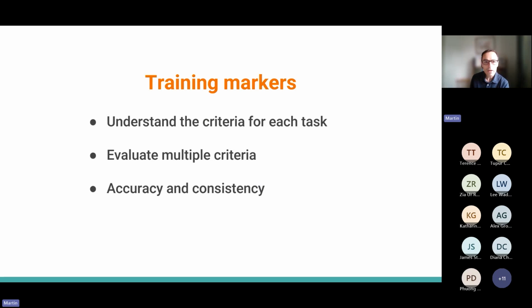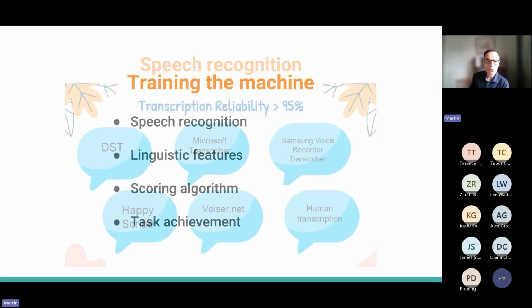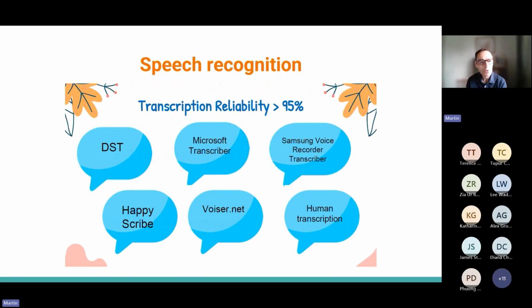So how then do we go about training a machine to do all of that? On screen, I put 4 areas that I'm going to look at briefly in the next few minutes. So the first of those is speech recognition. Laura showed the transcript for the 2 sample responses that we heard, and I've added this slide here, which is from one of our partners in Taiwan who's been using the test with her students.